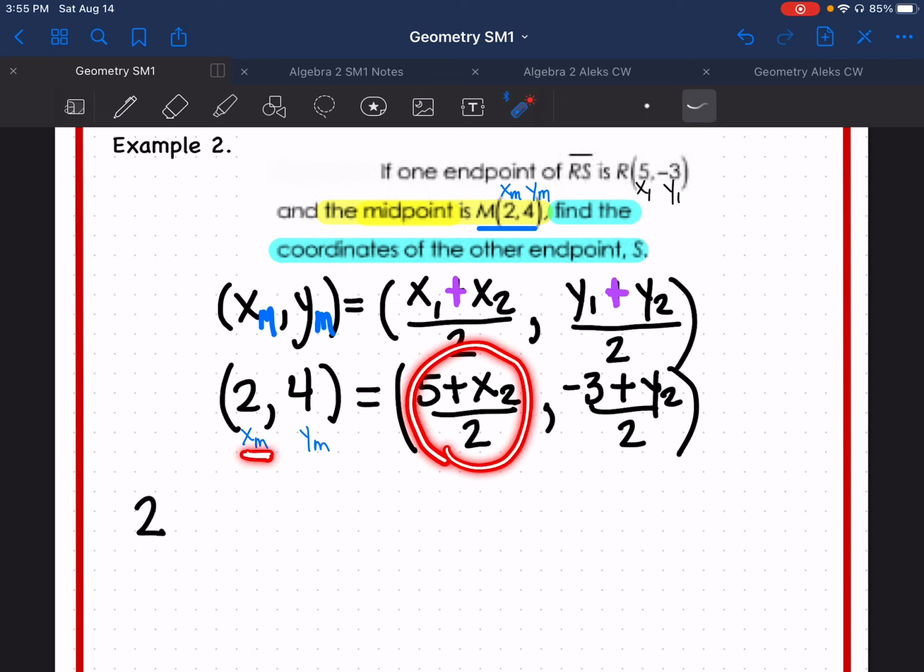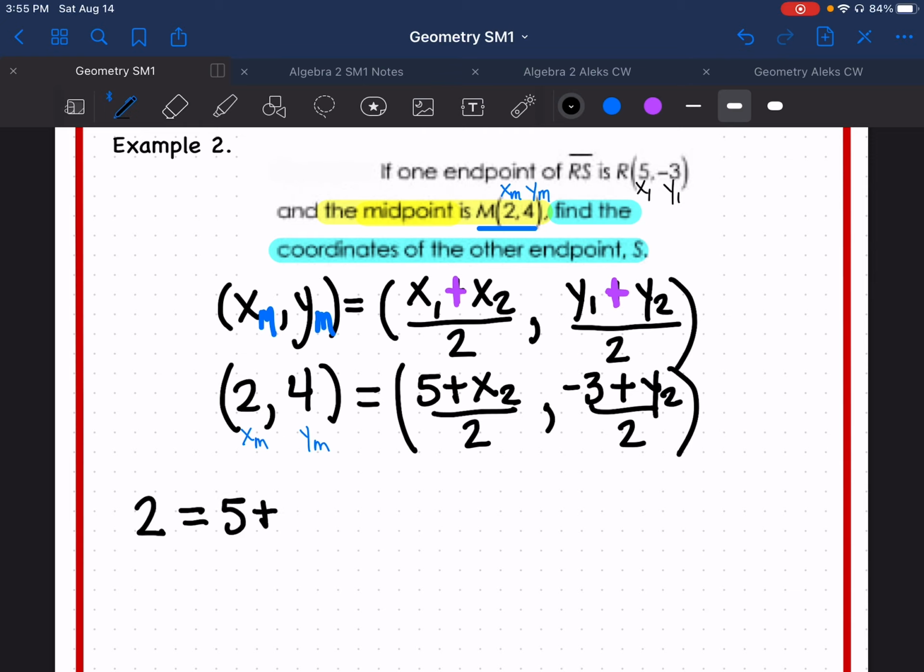Well, X. Because of this XM, I need to pick the X. So I'm going to set these two equal to each other: 5 plus, and I can drop the x2 because I really don't have to have it. I can leave it, but sometimes even though I know it's a subscript, I make the mistake of thinking I have to square it. So it's okay to drop it.